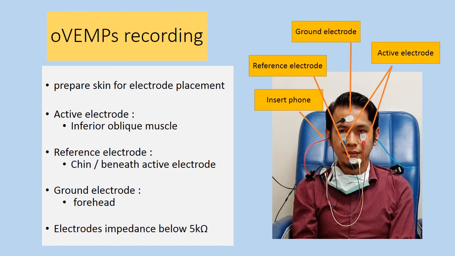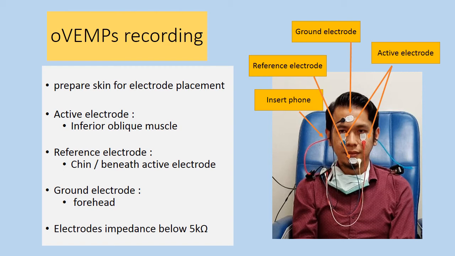Similar to CVEMP procedures, the skin preparation for electrode placement has to be done before the OVEMP recording. So this time we have Dr. Rahim, one of the medical officers in the ENT department, Hospital Sungai Buloh, with an electrode placement for OVEMP recording.